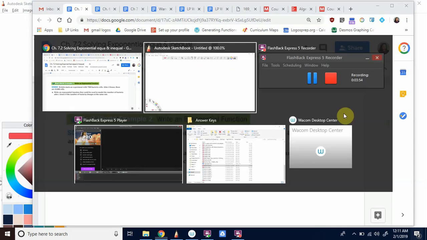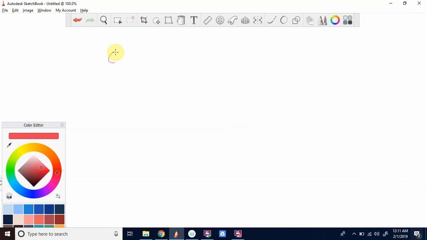So what we've got going on is we said at 0 hours, we have 7,500 bacteria. So that is going to be our y-intercept, and it's also going to be our a. So remember, we use the equation y equals a times b to the x.